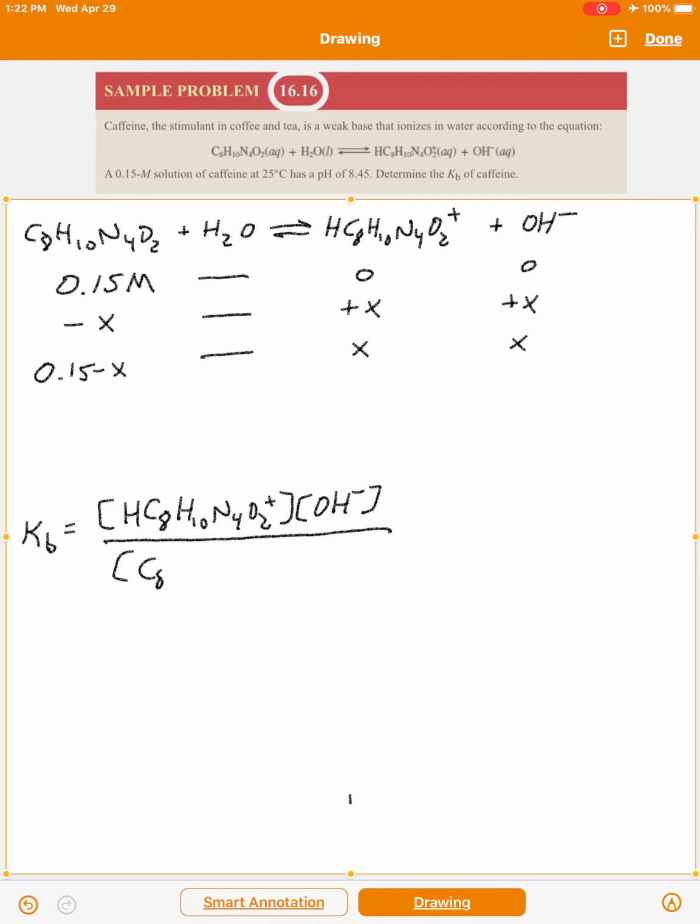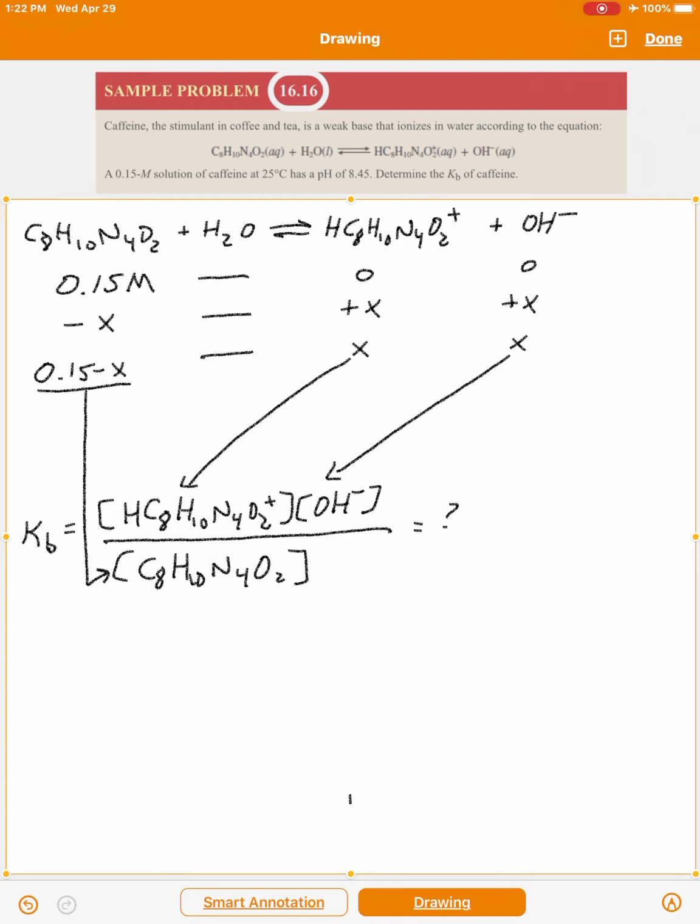Over the concentration of caffeine. We don't know what that is. So we need to figure out what x is, because if we figure out what x is, then we've got all three of those quantities. So the key is to figure out what x is, but that's actually pretty easy, and here's why.